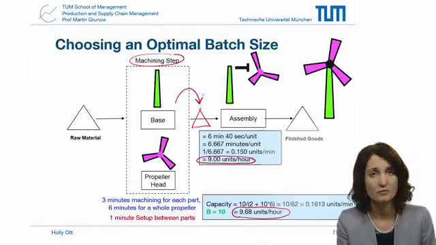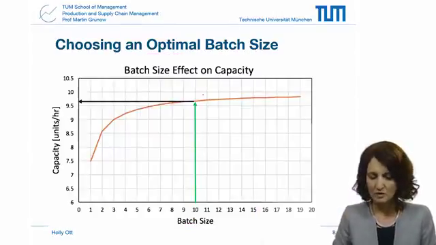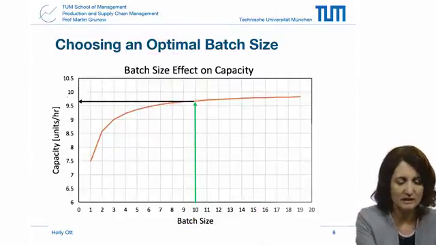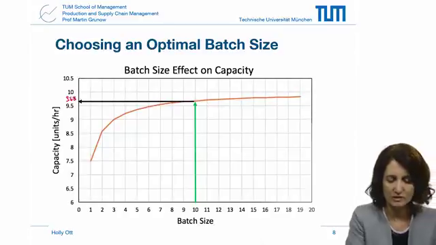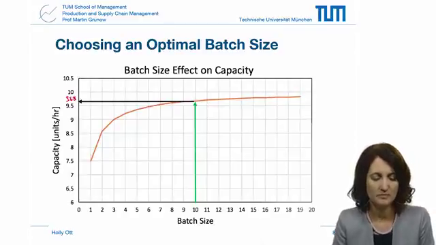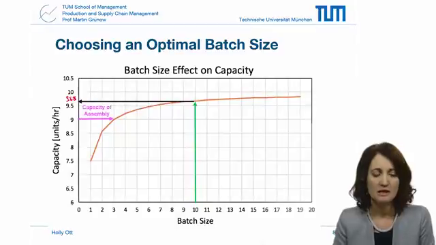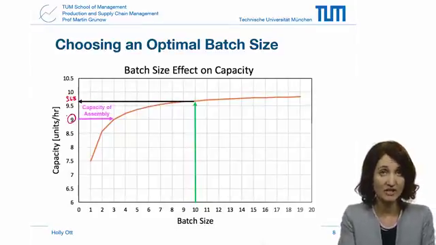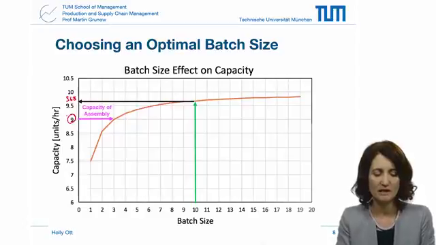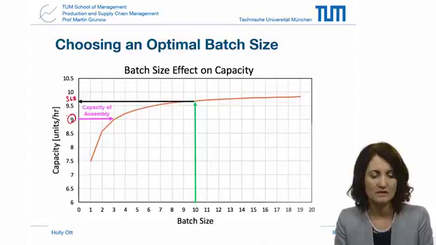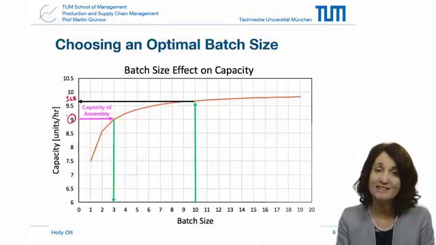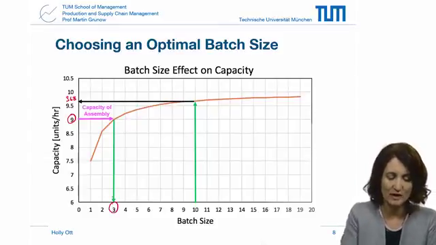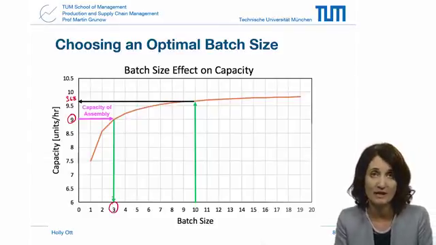What can we do? Well, here we are with our batch size of 10 and 9.68 units per hour. Let's look at the capacity of the assembly. We already know it's 9. There's no batching there. You assemble at 9.667 minutes per unit, which gives us 9 units per hour capacity. And this, as we already calculated, corresponded to a batch size of 3 in our machining.